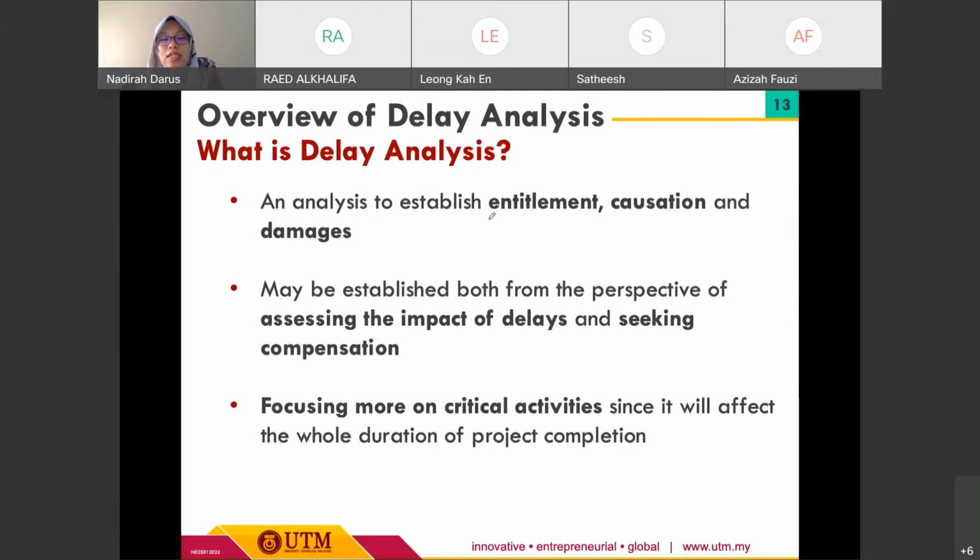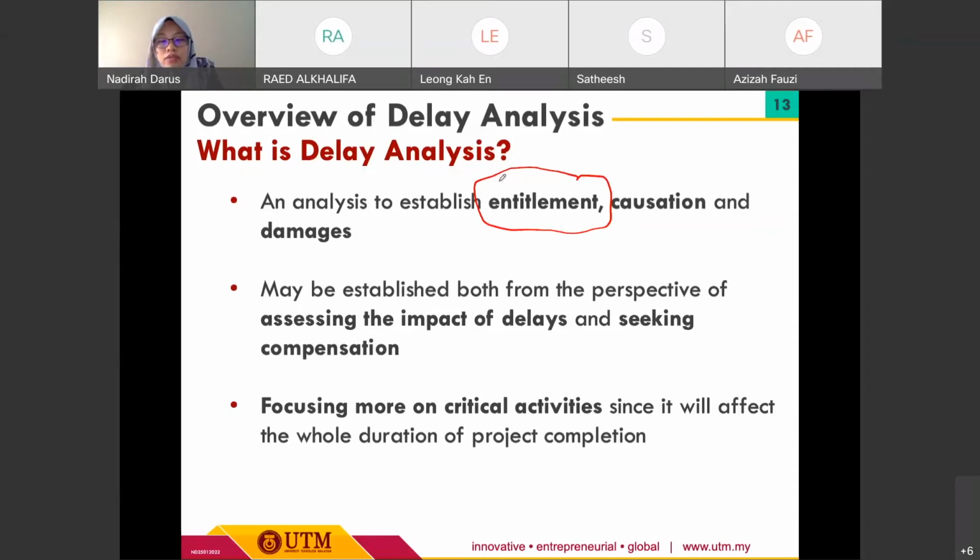So what is actually delay analysis? It is an analysis to establish entitlement, possession, and damages. So it's more on the purpose of why we need to conduct the delay analysis, because we need to investigate and analyze which party is entitled to the compensation, which party caused the delay.